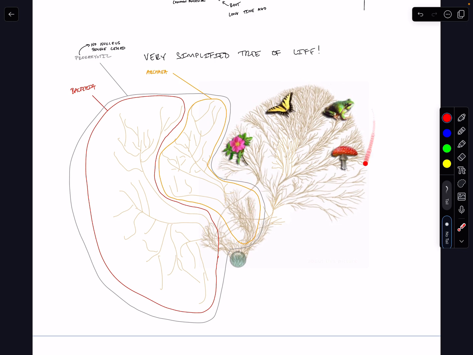This other grouping is what we call eukaryotic cells. I guess I'll do this one in black. So eukaryotic organisms are probably everything that you think of when you think of living things.